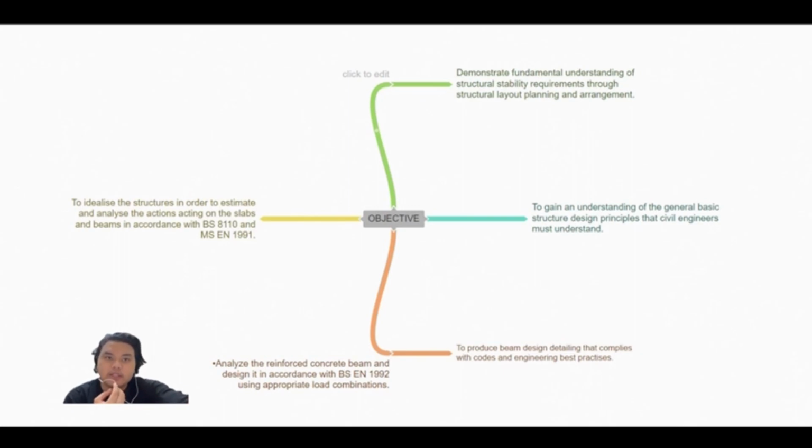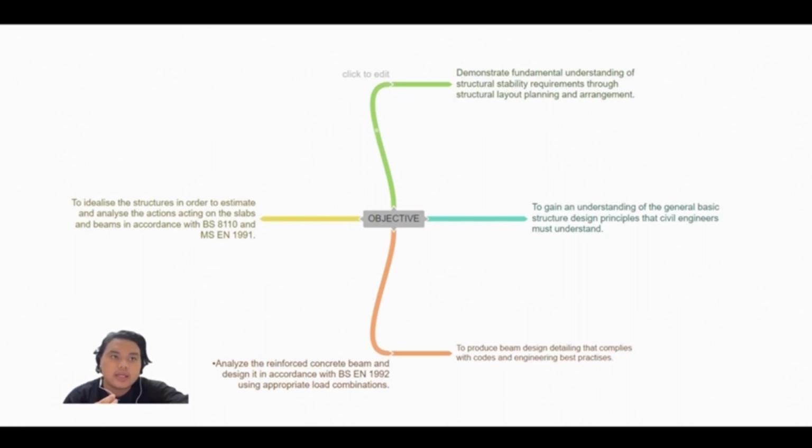Our objective is to gain an understanding of the general basic structural design principles that civil engineers must understand, so as future engineers we should learn and know how to do it. Next is to demonstrate fundamental understanding of structural stability requirements through structural layout, planning, and arrangement.